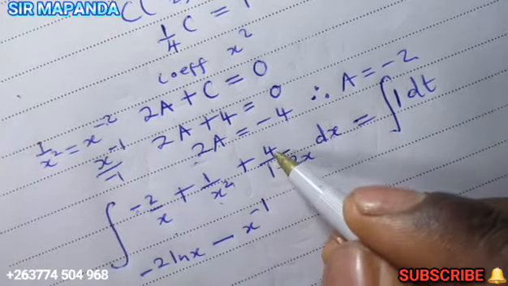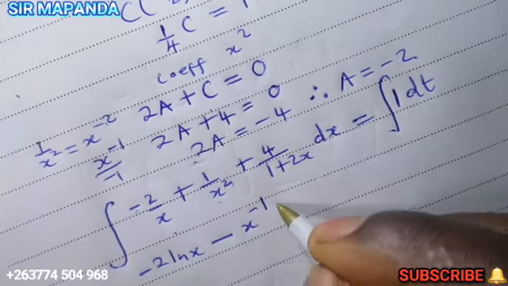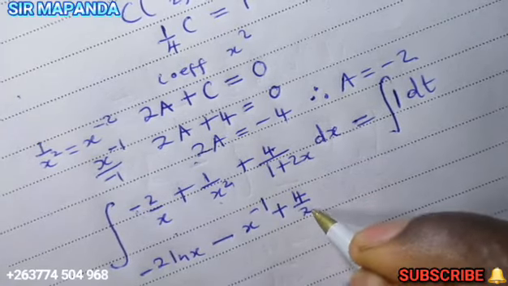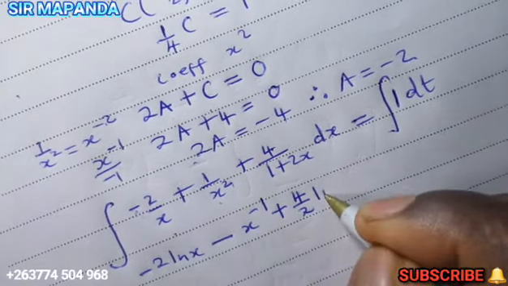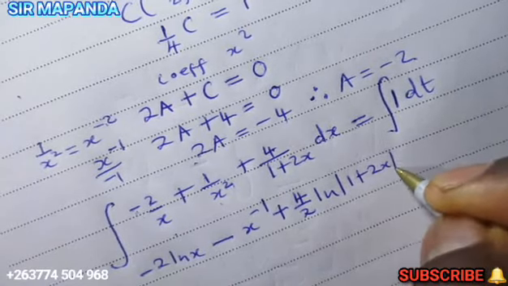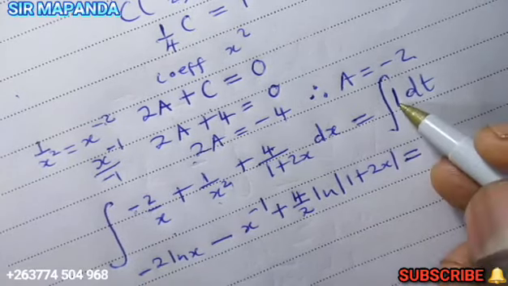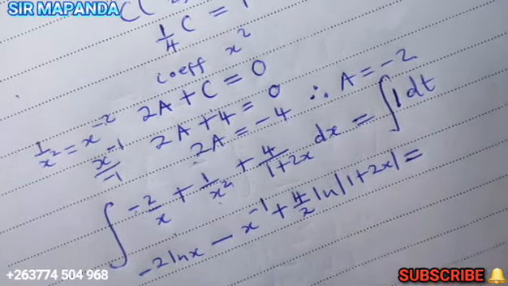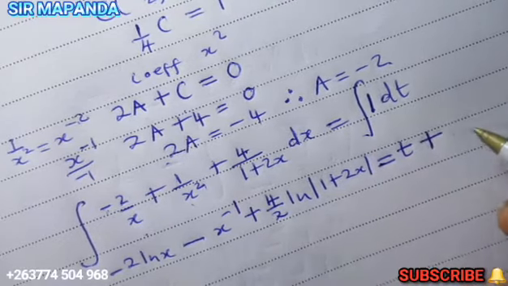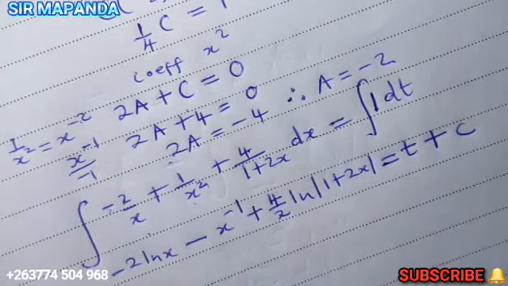Then the integral of 4 over 1 plus 2x is 4 divided by the derivative of 1 plus 2x, which is 2, right, ln modulus 1 plus 2x, something like this, is equal to the integral of 1 is t, then plus c. I hope you are following, right?